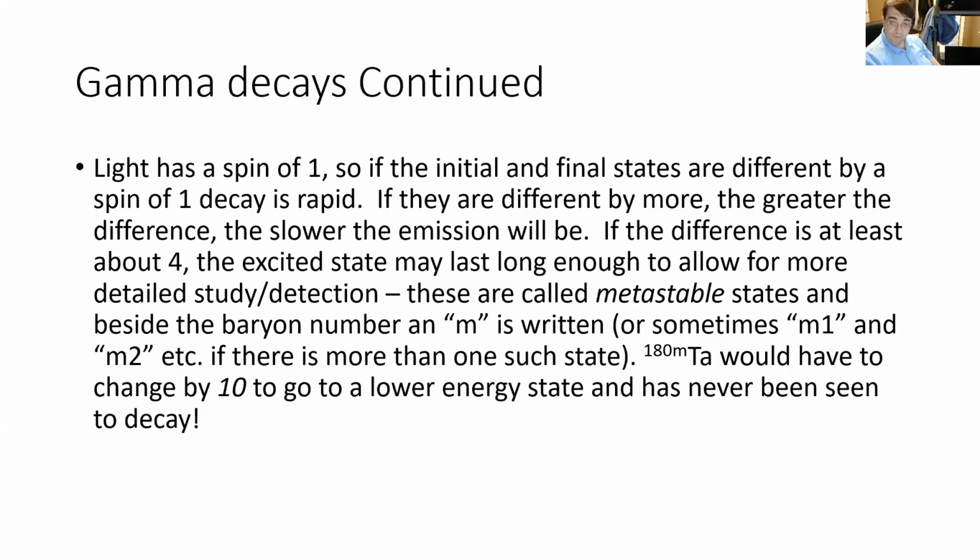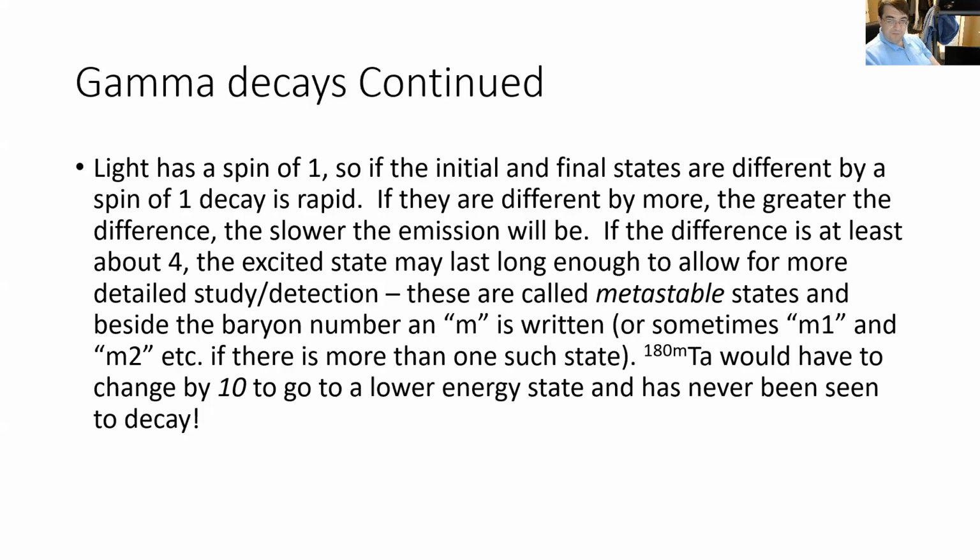If there's more than one metastable state, then you'll end up seeing M1 or M2 or whatever like that to end up distinguishing them. And in general, the higher the number on the M, the higher the energy is.